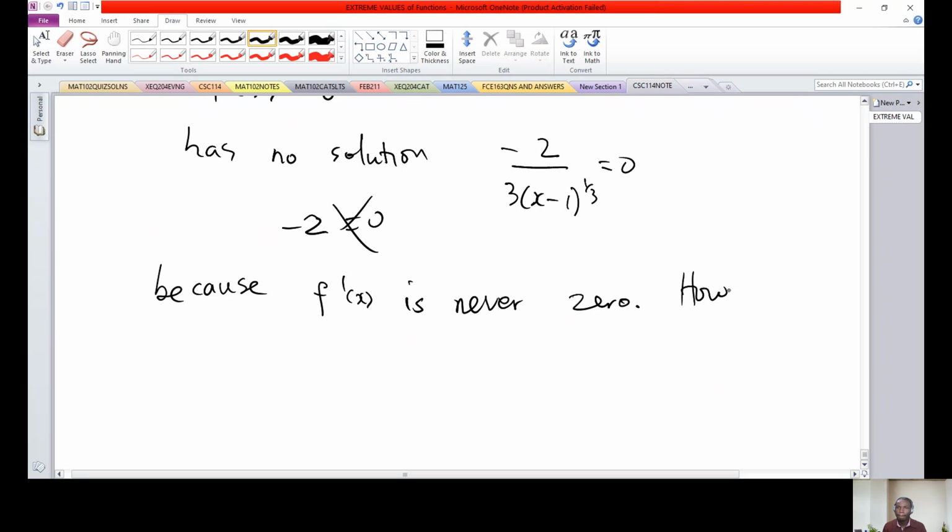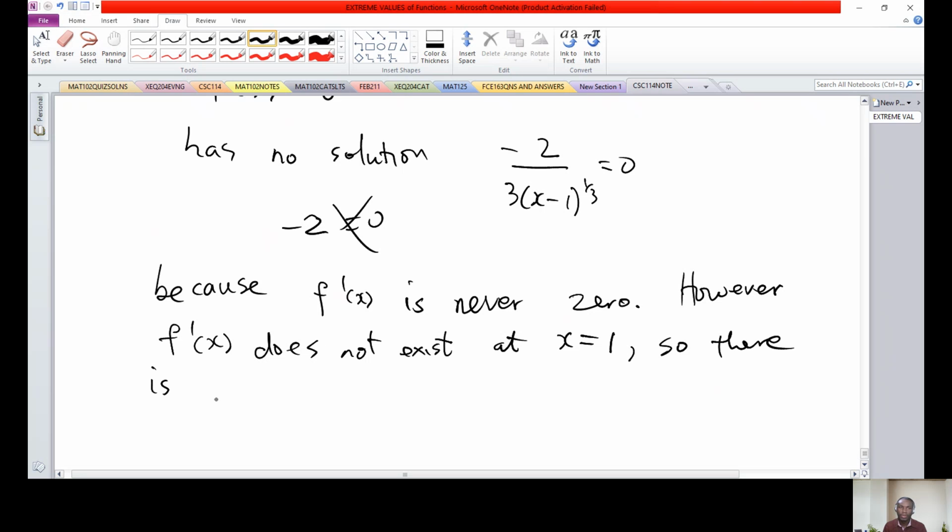However, f prime of x does not exist at x equals 1, because this denominator would be 0. So therefore, there is a critical point at x equals 1.